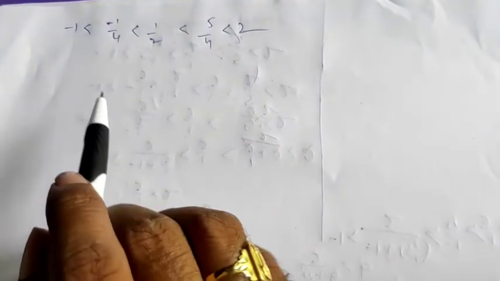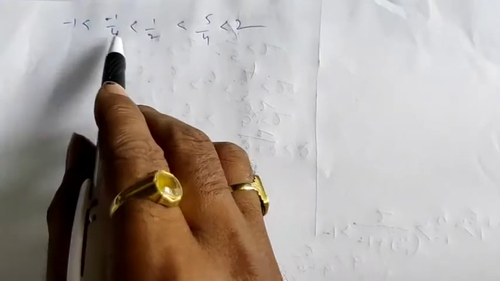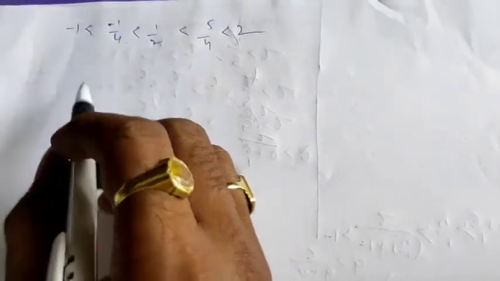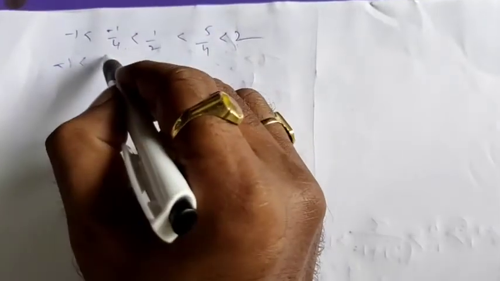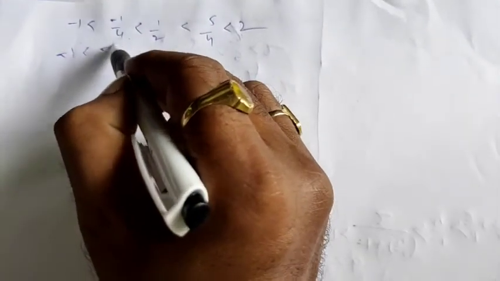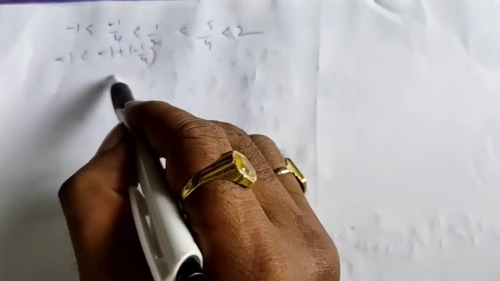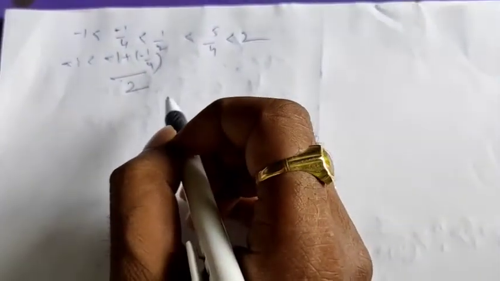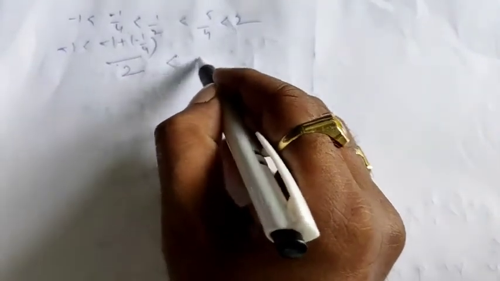To find another rational number, I am going to solve like this. See, the average of these two lies between minus 1 and minus 1 by 4. Is it so? Similarly, minus 1 is less than minus 1 plus minus 1 by 4, whole by 2. Okay, clear? Again, less than, it lies before minus 1 by 4, no?